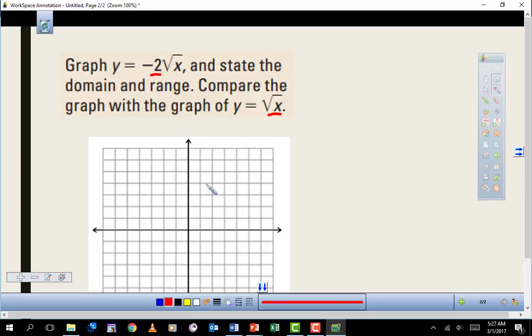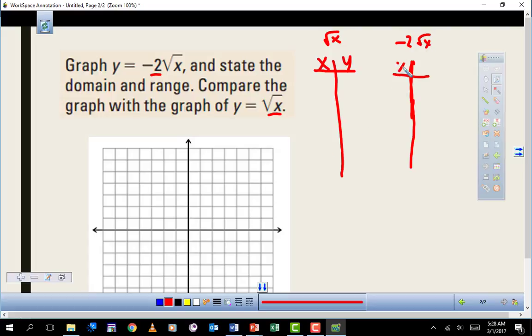So to graph these, basically what we want to do is make a t-bar like this, put x's here and y's here. And if you want, you could create a second one for this other function. So this one will do the square root of x. This one will do negative 2 times the square root of x.